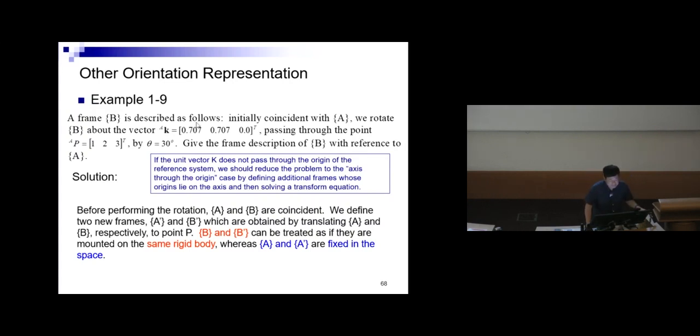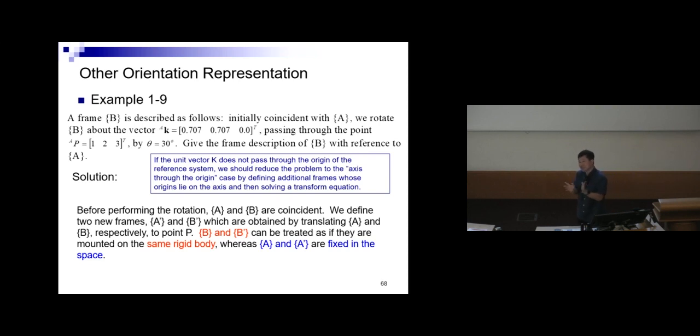Now if I have a frame B described in the following manner, frame B is initially the same as A. We rotate B about the vector AK, passing through the point AP 1, 2, 3 transpose. So what happened here is we have a problem now.